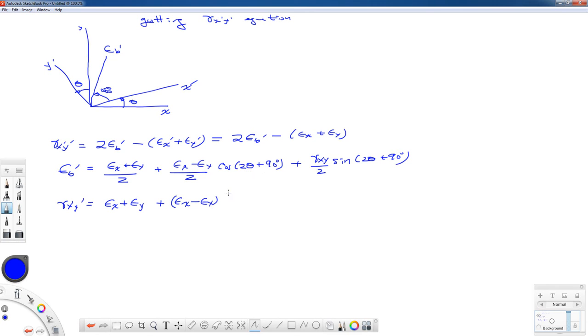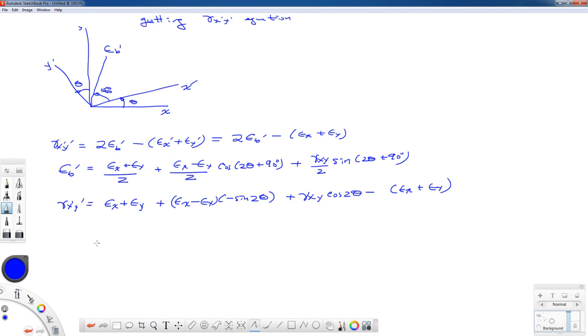That is the negative of the sine of 2 theta. This last term I have, since it's multiplied by 2, gamma xy, and I have the sine of 2 theta plus 90 degrees, and when I shift that by 90 degrees, I end up with a cosine of 2 theta function. And then I have this last term, which is minus the quantity epsilon x plus epsilon y. Right, so obviously the first and the last terms now cancel out.